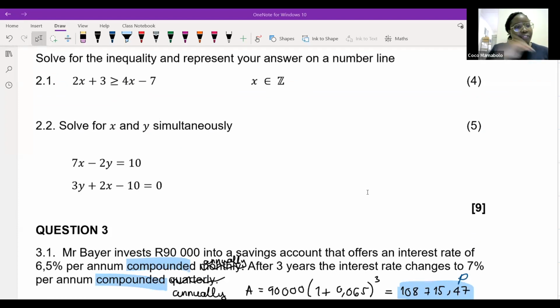You should fly through section A. And number 2 should not give you any hassles.